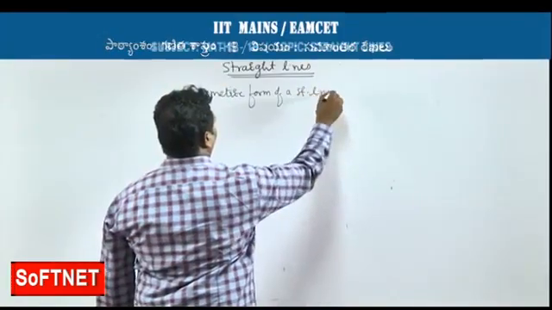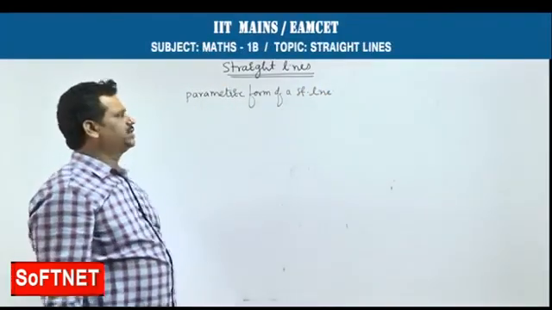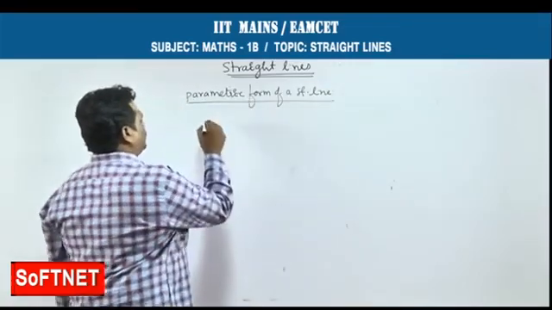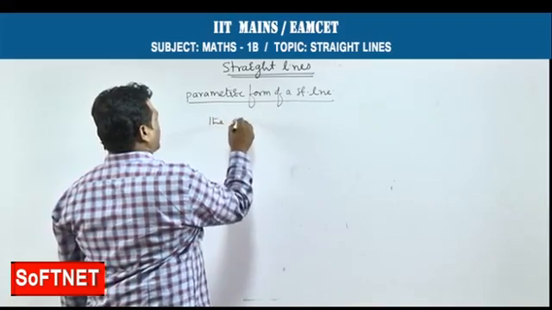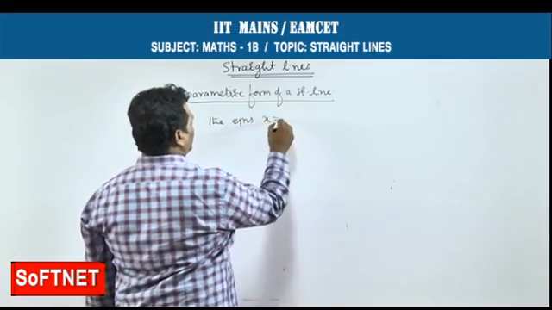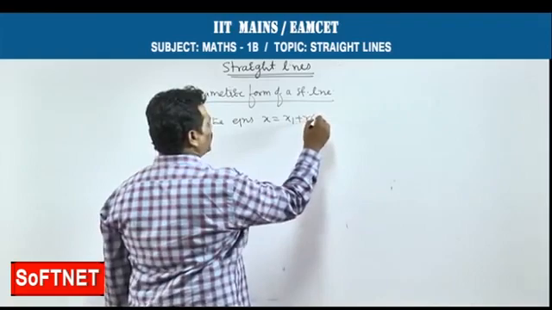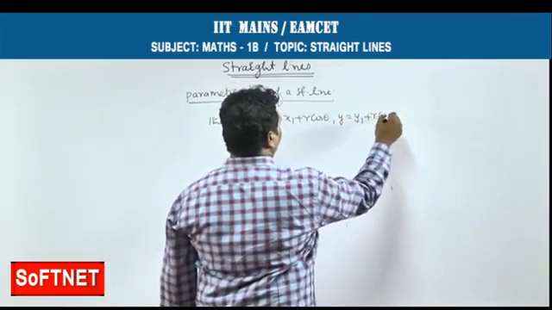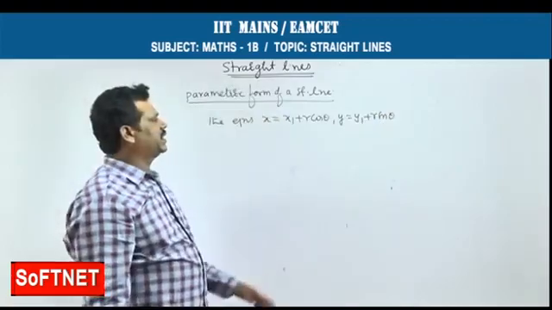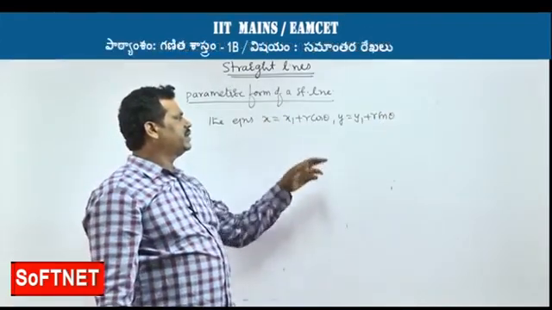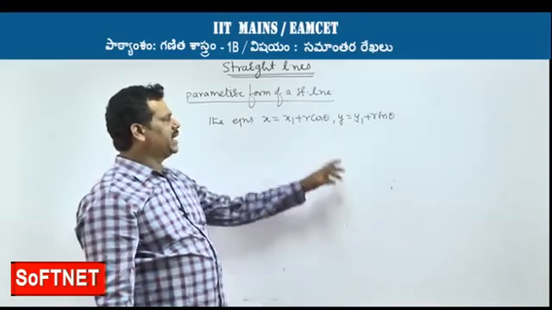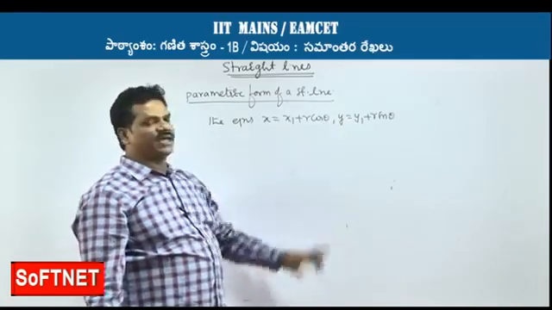The next definition is the parametric form of a straight line. Here the equations are x is equal to x1 plus r cos theta, y is equal to y1 plus r sin theta. The straight line passes through x1 comma y1, r is a parameter and theta is the angle made by the line with the positive direction of the x-axis.